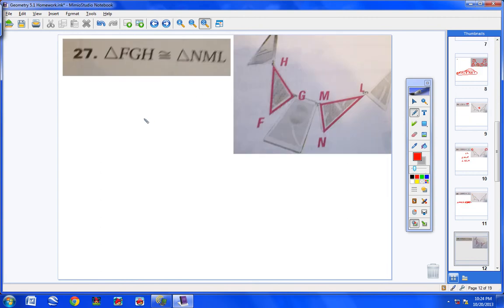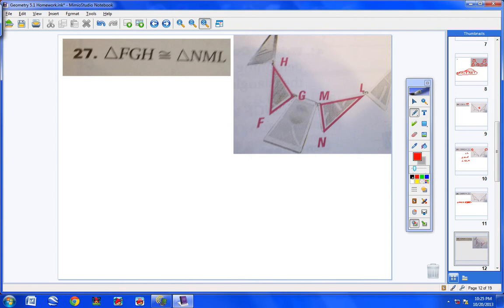The directions for 27, 29, and 31 state, determine whether the congruent statement correctly describes the congruent triangles shown in the necklace. Okay? So let's go ahead and see if we can figure this out. Now, I'm supposing they want us to use a little common sense here.